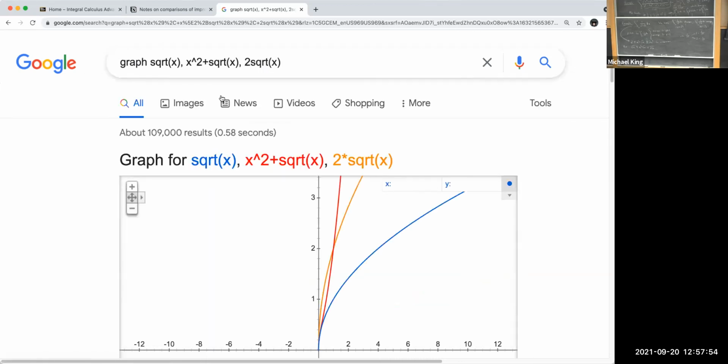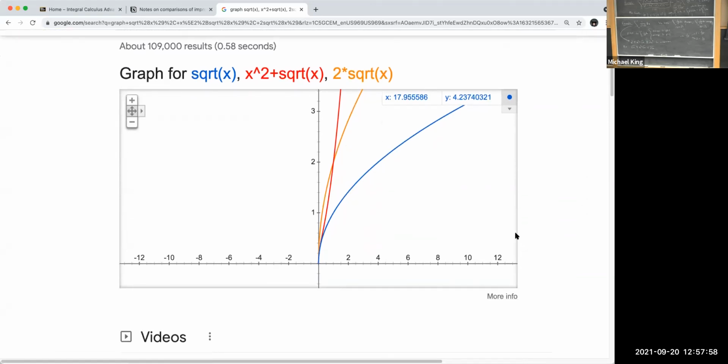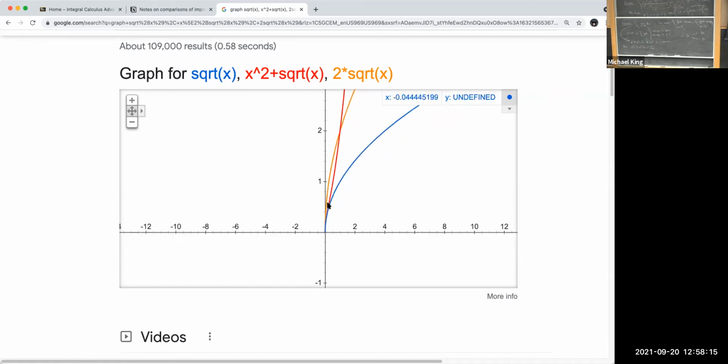I know it's somehow not natural, which says something about your education, I think, but just try stuff. What was I trying to claim? That the red is less than the yellow, if the x's get close enough to 0, right?